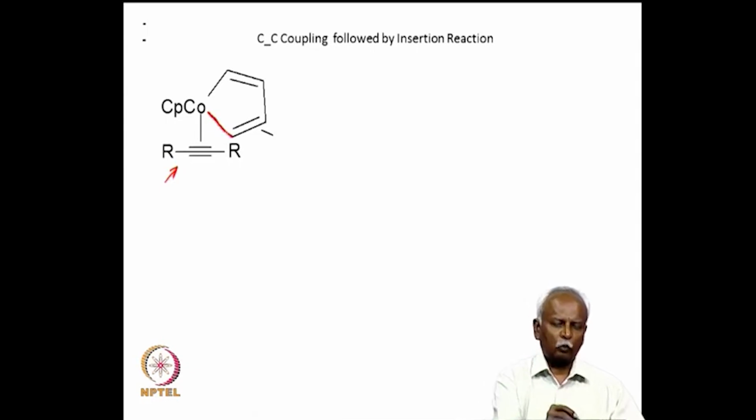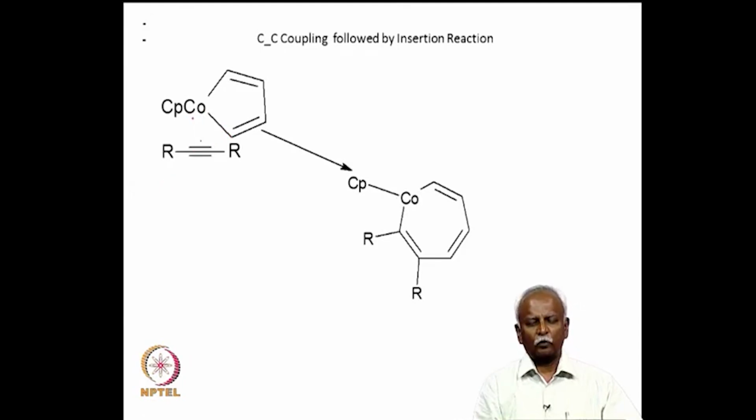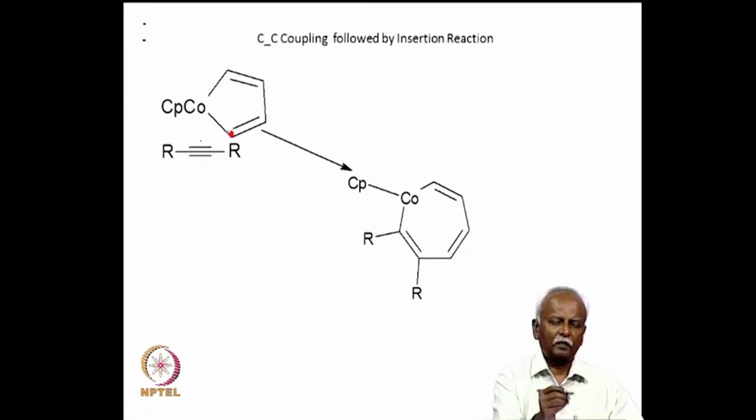So, if this bond migrates to the neutral species and the neutral species in turn forms a bond to the cobalt, exactly what is going to happen is that we are going to have a reaction such that two new bonds are formed, one between the vinylic carbon which is here and the acetylenic carbon which is here.